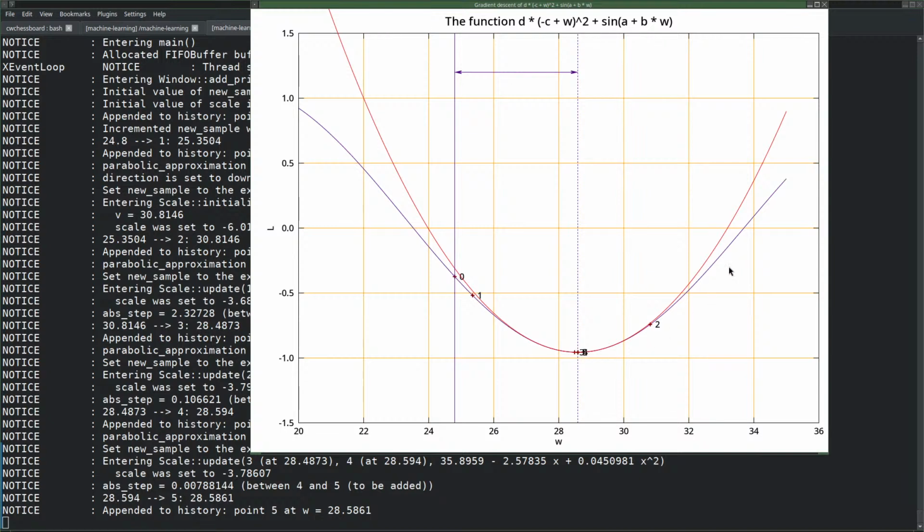So apparently it was not that much different. This is still close enough. But now the new point, 5, is less than 100th away. So the next parabola is really going to be noise, if you get what I mean.